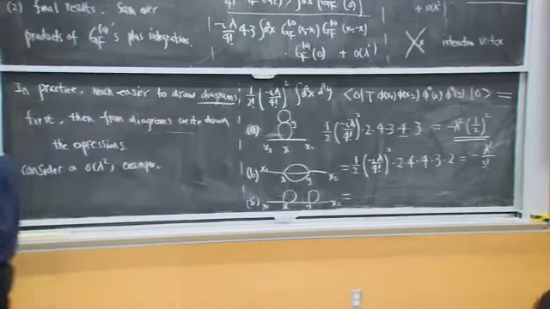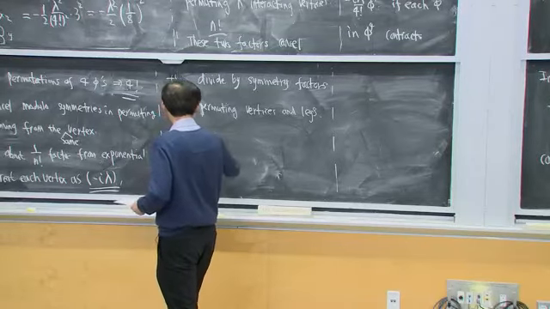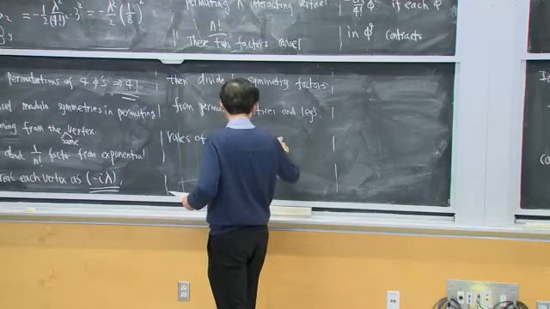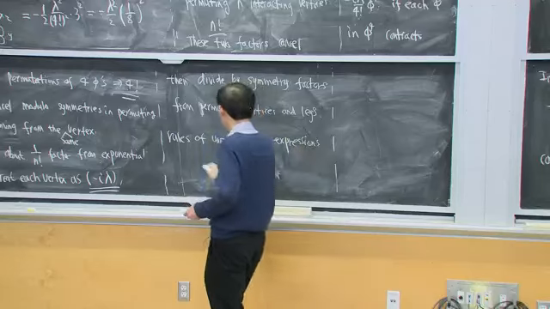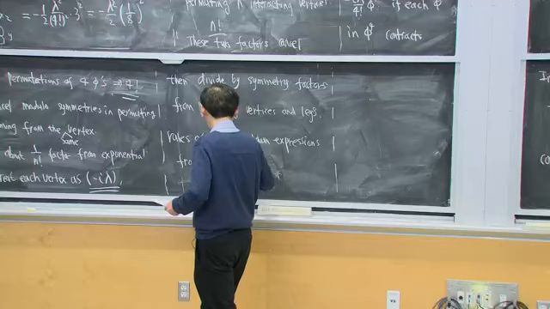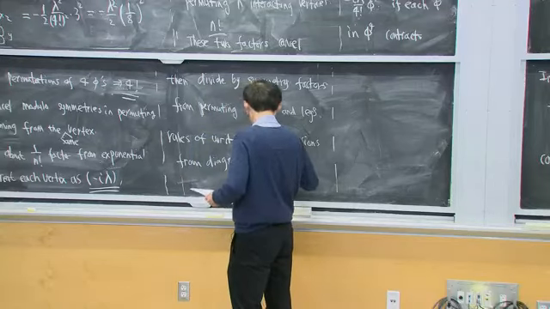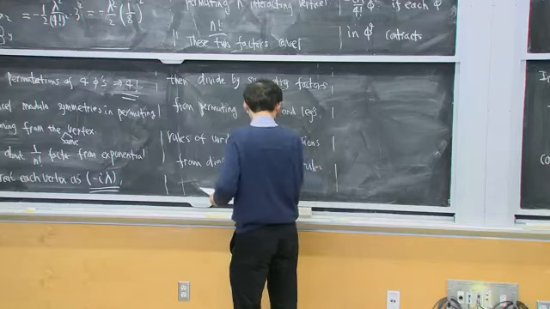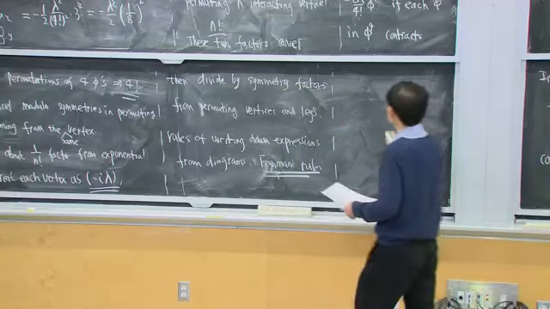The rules of writing down expressions from diagrams are called the Feynman rules. So here are the Feynman rules.